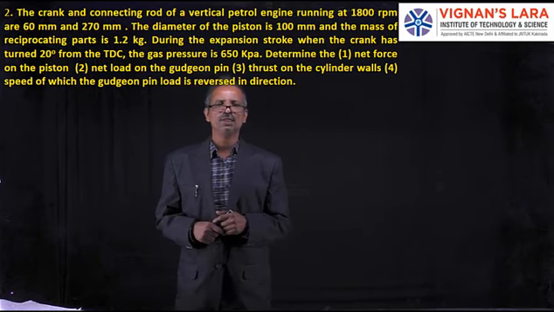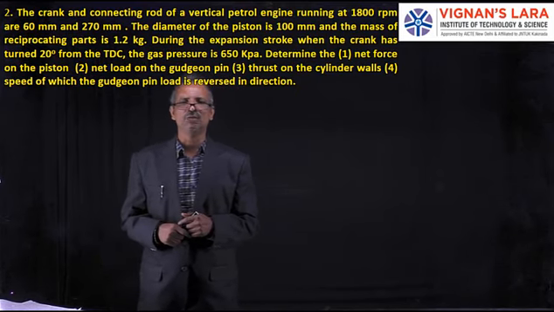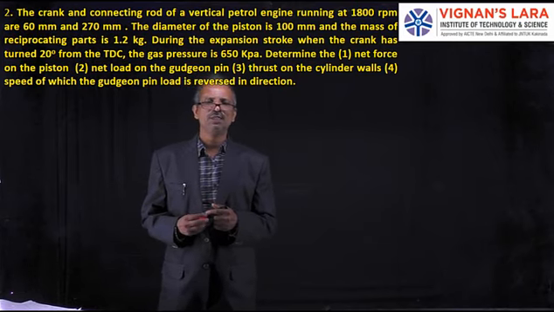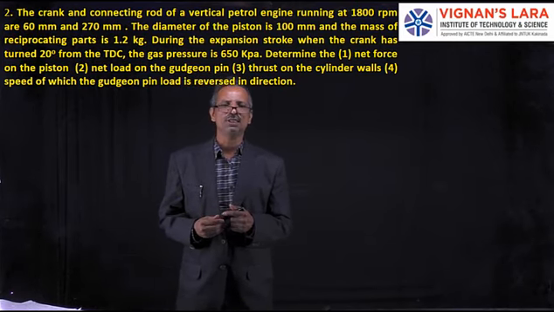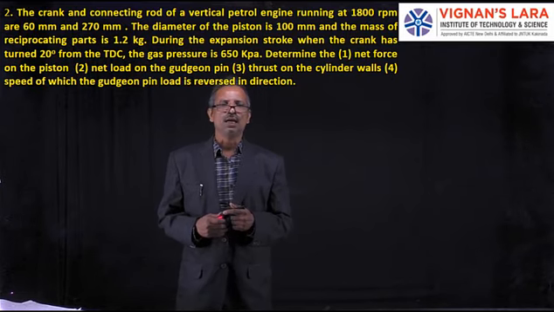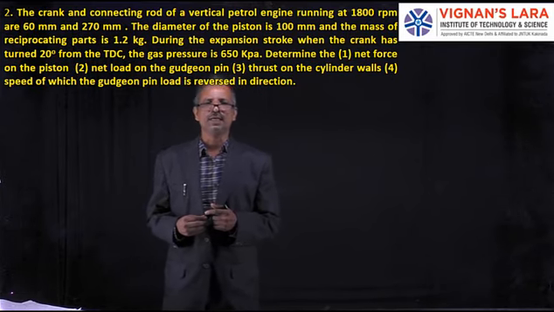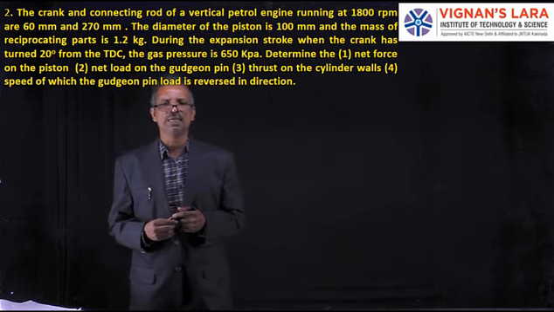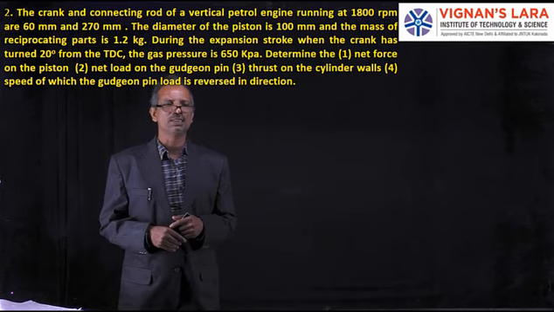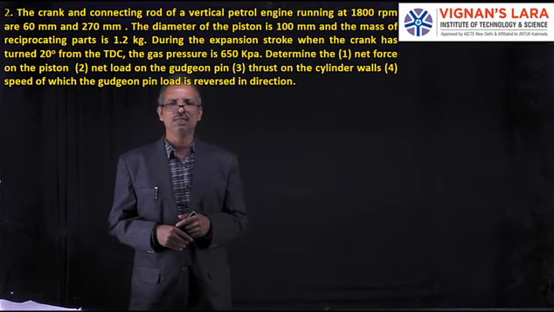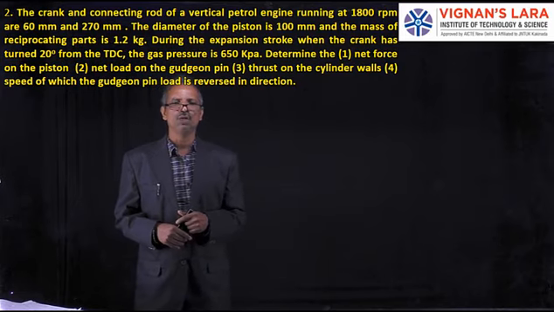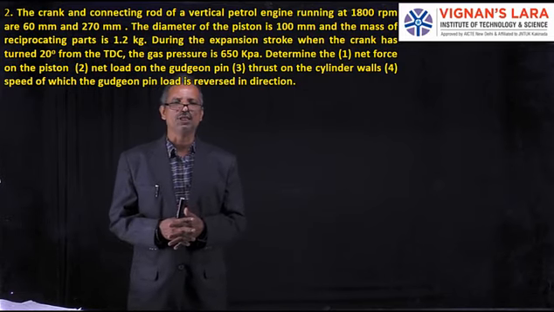During the expansion stroke, when the crank has turned 20 degrees from the top dead center, the gas pressure is 650 kilopascal. Determine first, net force on the piston; second, net load on the gudgeon pin; third, thrust on the cylinder walls; and fourth, speed at which the gudgeon pin load is reversed in direction.